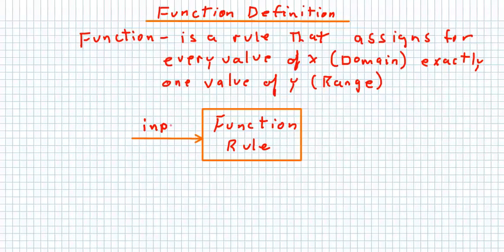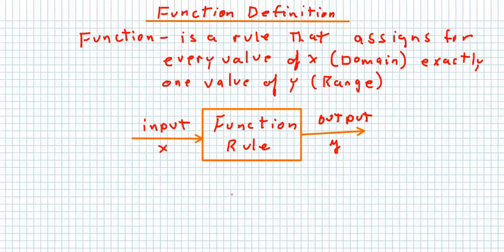We input it in. It comes from the domain, and we get an output, which is y. We get one and only one output.